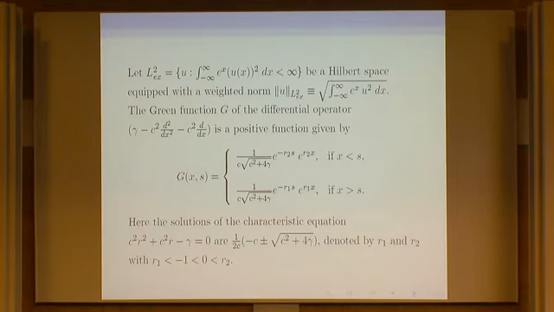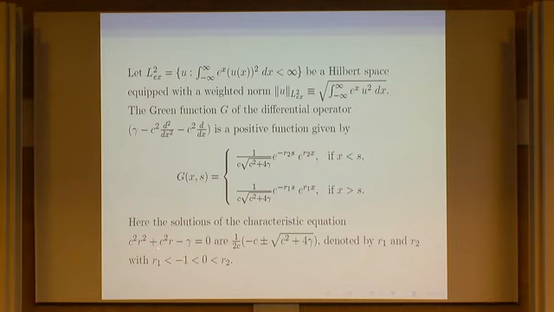We know the second equation is a linear equation, so we can solve the second equation, V, in terms of U, using the Green function. The Green function can be written down explicitly. We look at the second equation, and we have the characteristic equation with two roots, one positive and one negative.